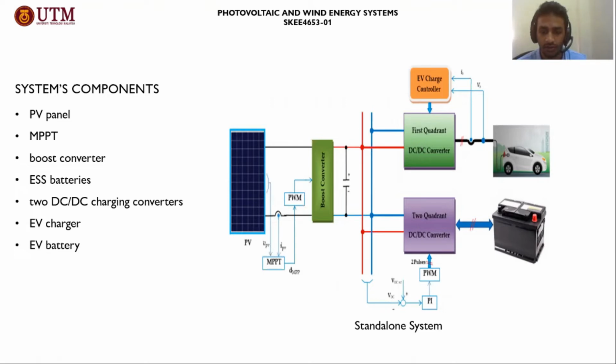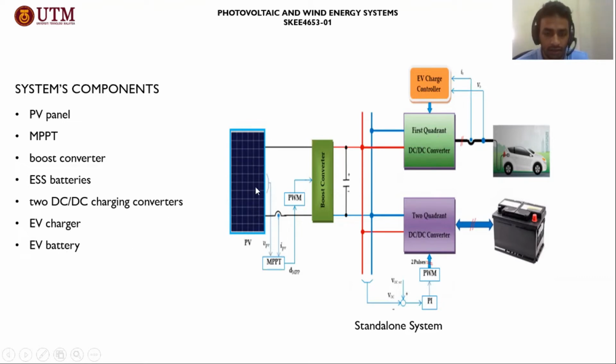So we use the battery to compensate for that problem. The system components here are the PV panel, which is the main source of energy, the MPPT boost converter, ESS batteries, two DC-DC charging converters, which are the first quadrant and the two quadrant, EV charger and EV battery.